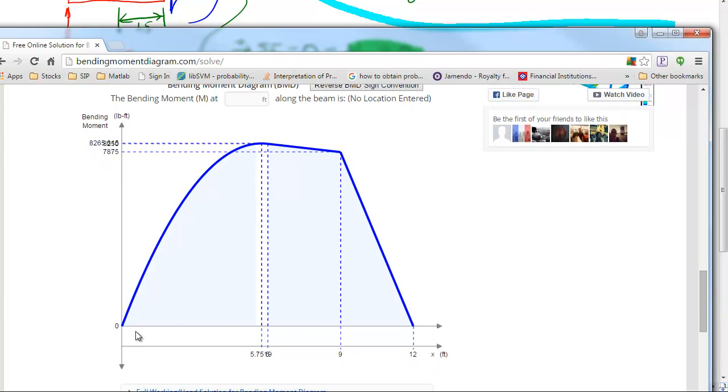This thing's quite interesting. So you go up maybe somewhere around here. That's about 7,000. So this is about half of 7,000. So I could buy into that being the load right there. It tops out, basically declines, and then goes straight down.